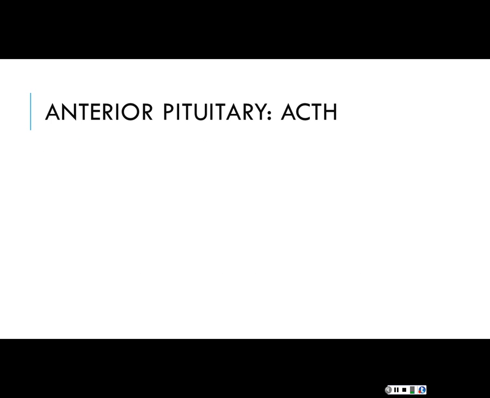Another hormone from the anterior pituitary. The name will kind of overwhelm you if you let it, so try not to. ACTH. Do I know what that one is? Adrenocorticotropin hormone. And you're right, it's really going to target the adrenal cortex.